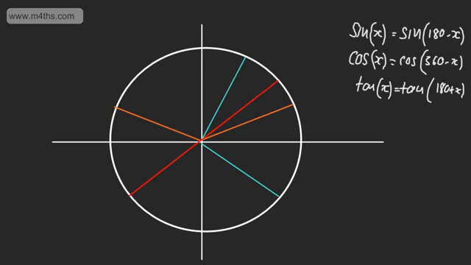So essentially what this is now, let's just look at this. This is x, and this is going to be 180 minus x. And we'll have the same numeric value. This one, let's call this y. This is going to be now 180 plus y. This one, let's call this z.